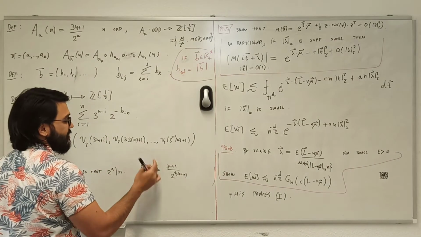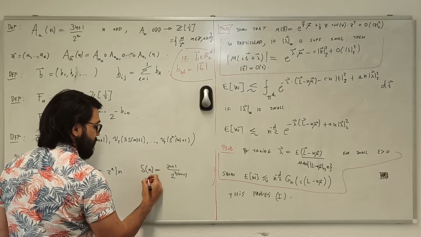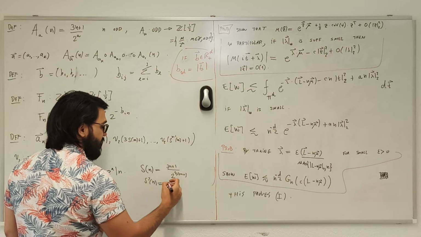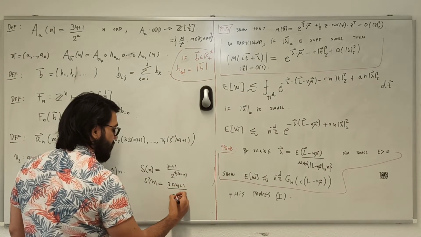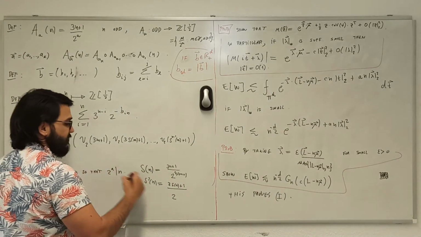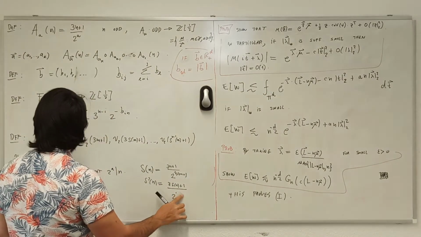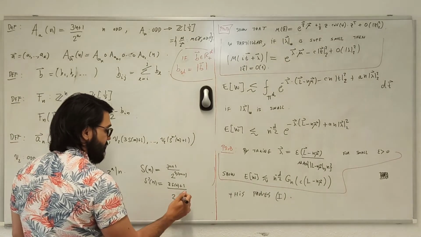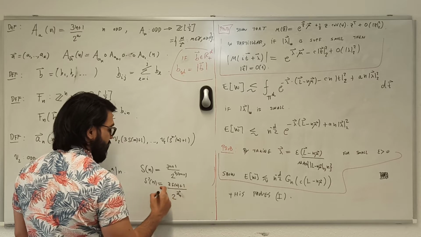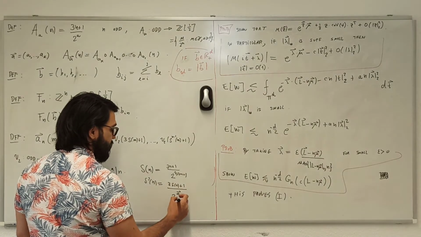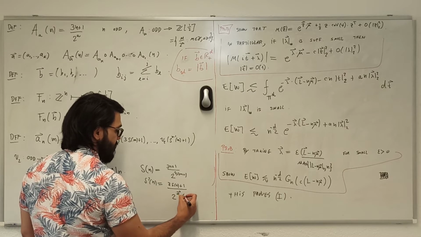So the second entry will be, again, 3 of s of n plus 1 divided by 2 to the second entry of the vector, so it would be a2 of n.